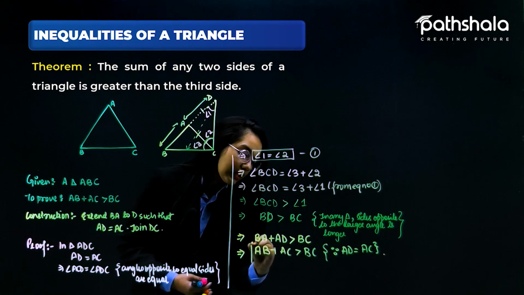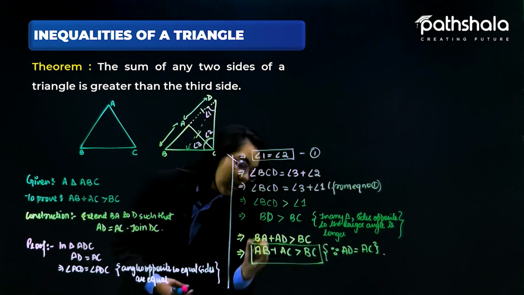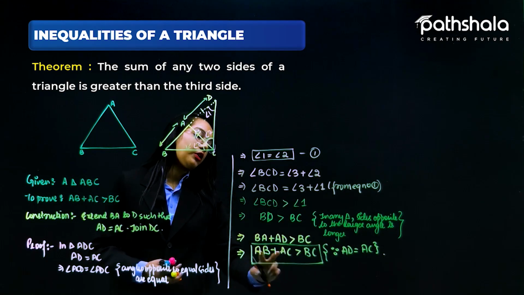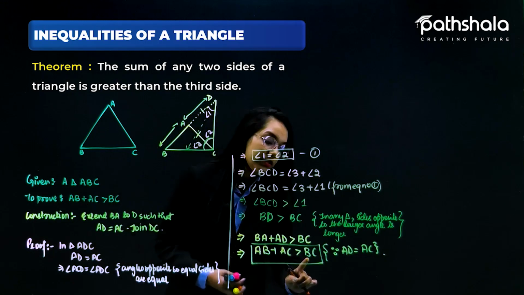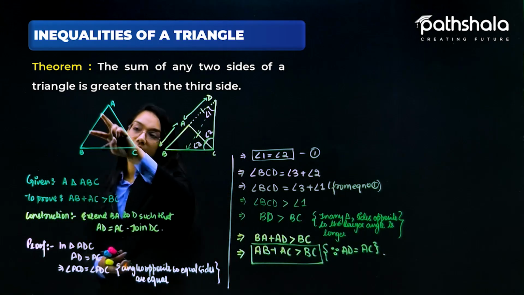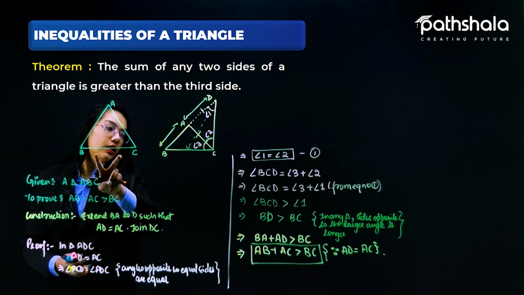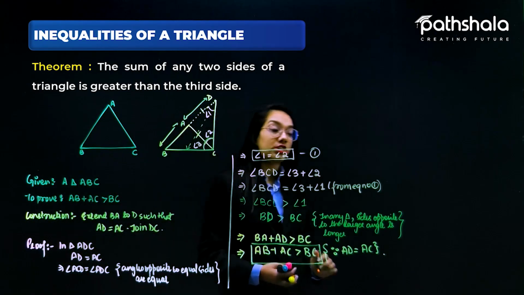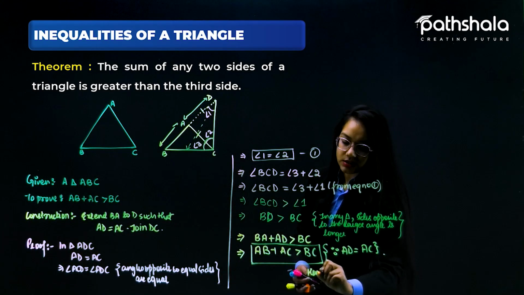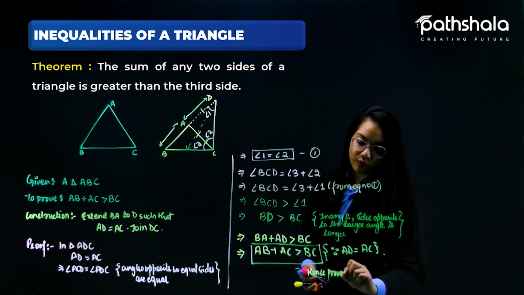So this is what we had to prove: that the sum of two sides of any triangle is always greater than the third side. We get AB plus AC greater than BC.